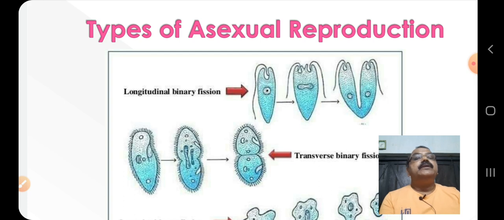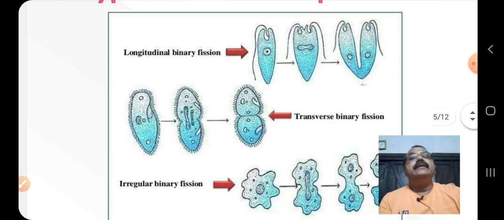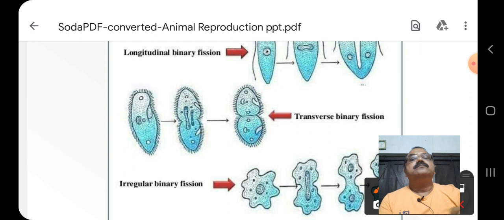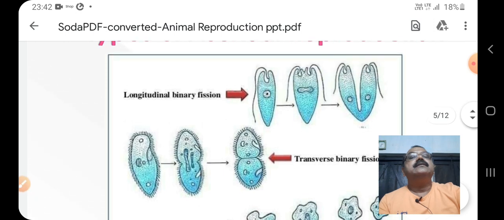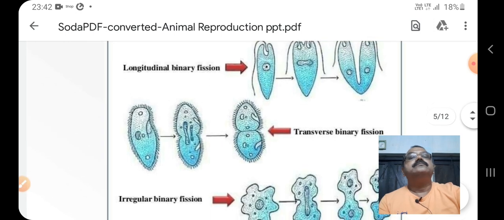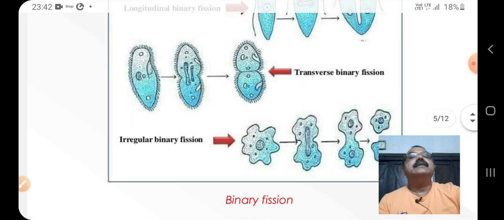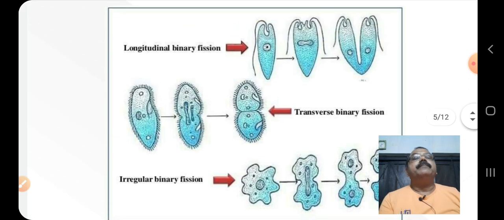When the parent body divides into two, it is called binary fission, and each division becomes an individual. Here is a picture showing three different types of binary fission.